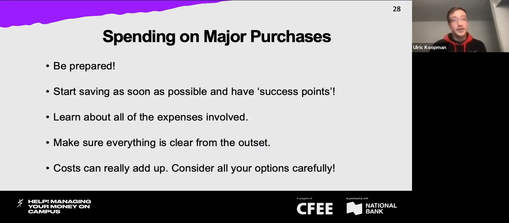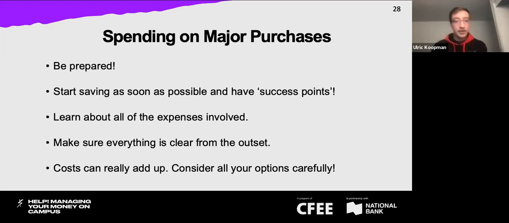All right. When considering spending on major purchases, you need to understand all the costs involved and be prepared for them. Make the major purchase a goal you set up a savings plan for. Start saving as soon as possible.